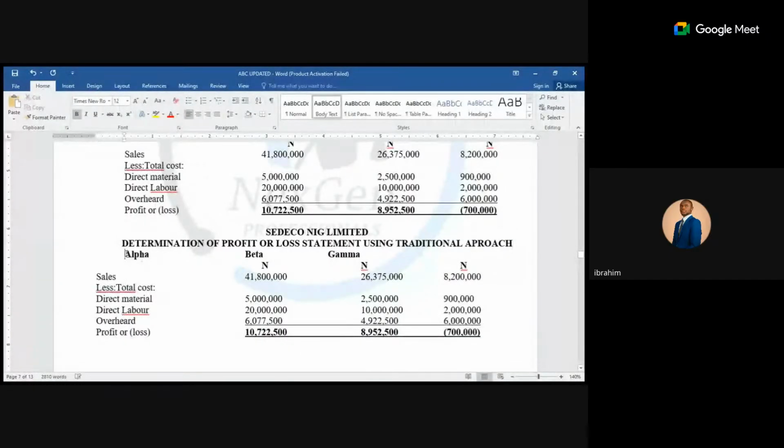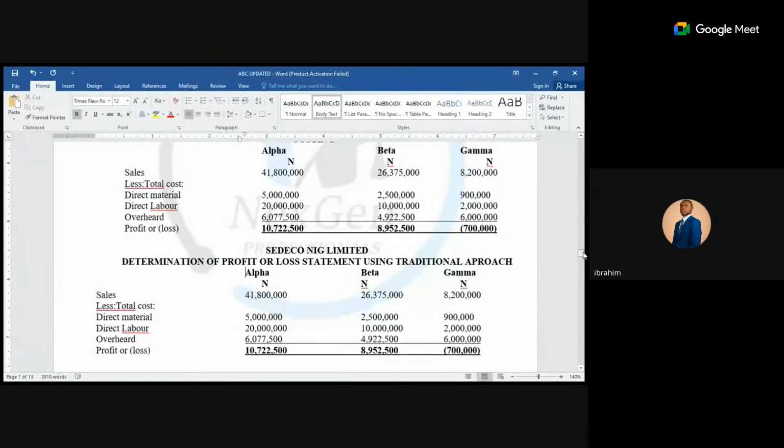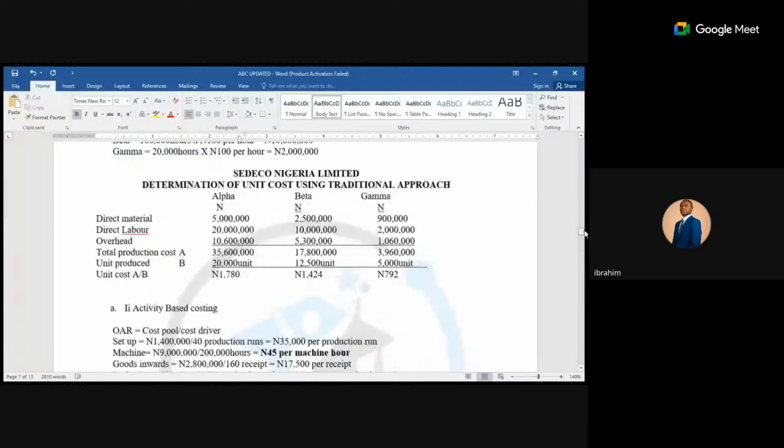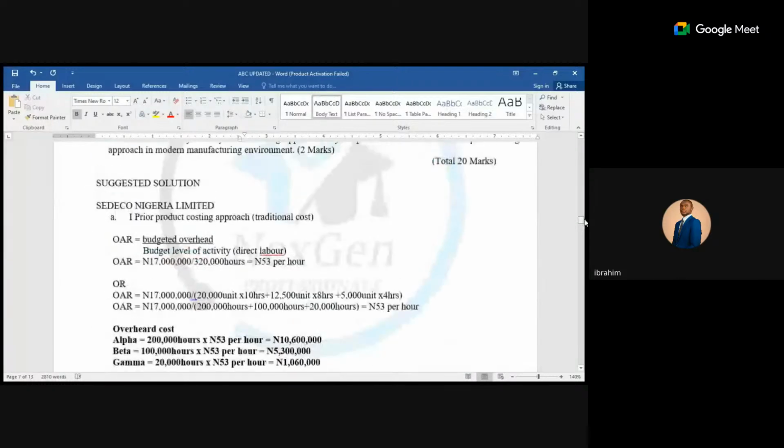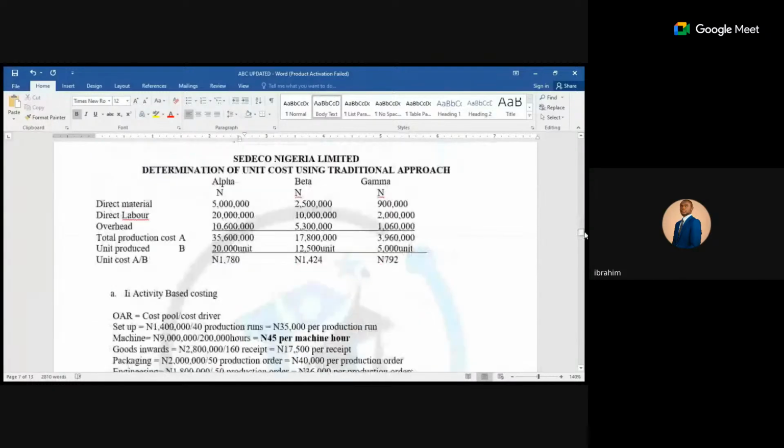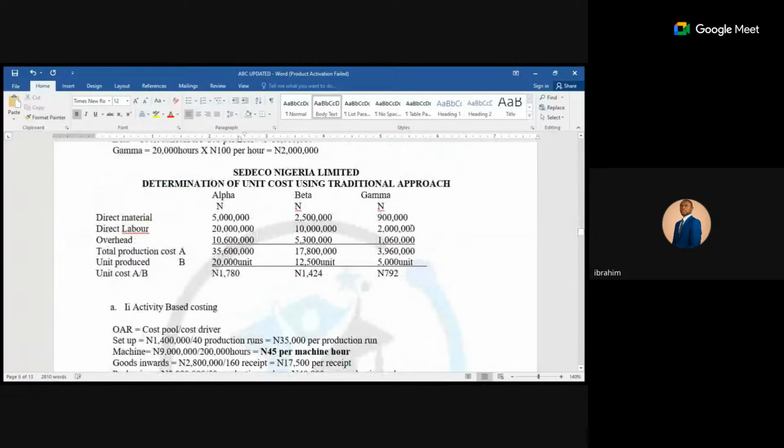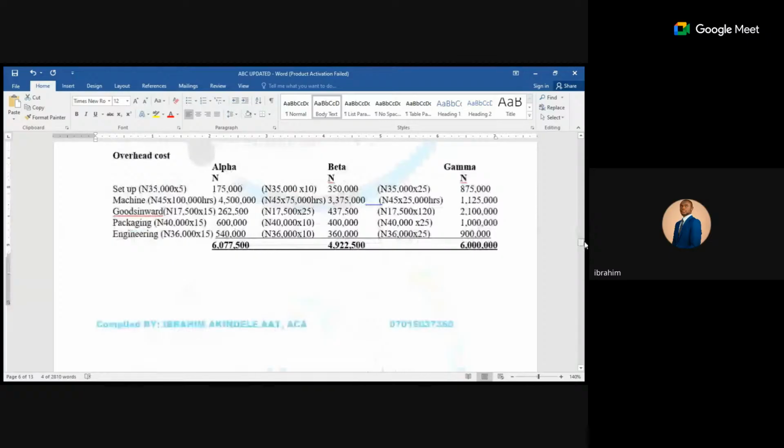All right, using traditional approach. Okay, so we're going to copy the overhead costs. Where is the overhead cost? Okay, this is the overhead cost. Can you see it? So copy it and paste.